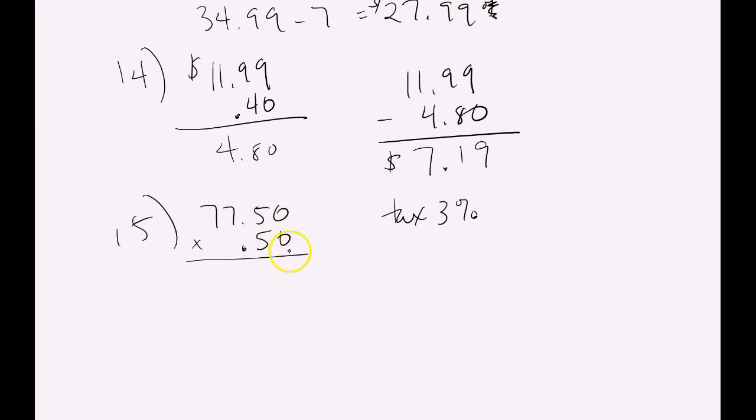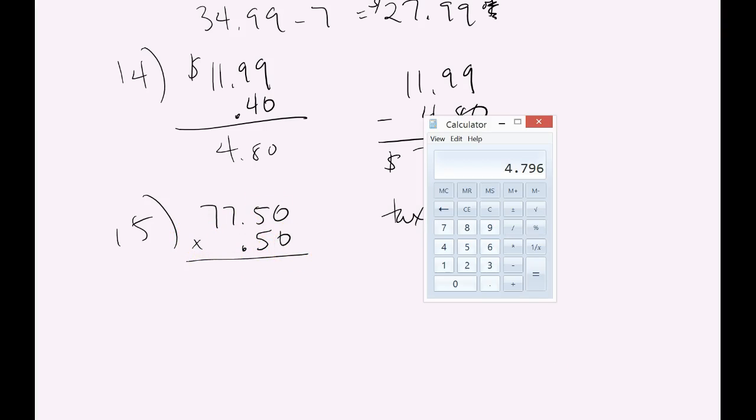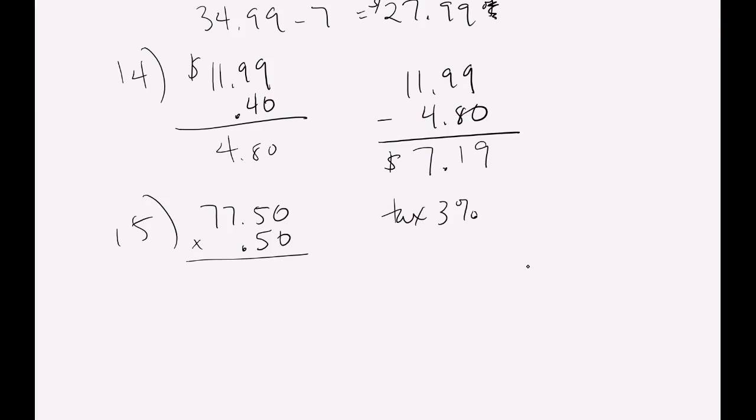Let's do the math on this. So 77.50 times 0.5. So we're cutting it in half, so that's 38.75. And this is half the amount. So if you want to subtract this from 77.50, you can, but you will get 38.75.